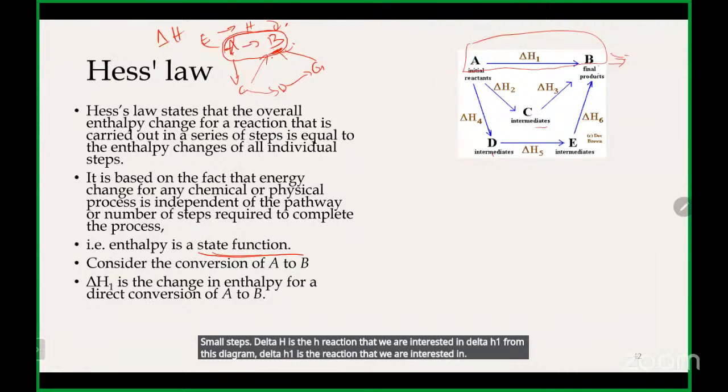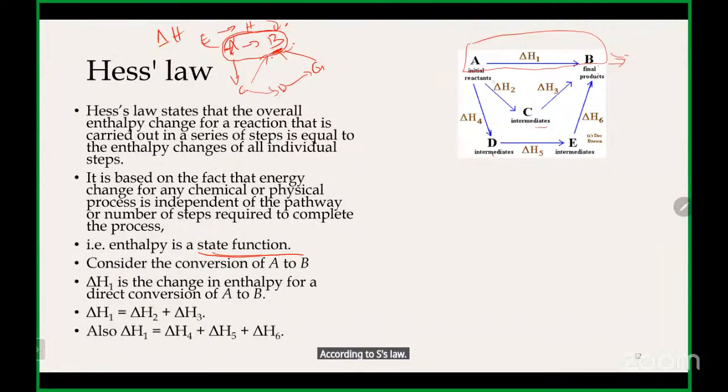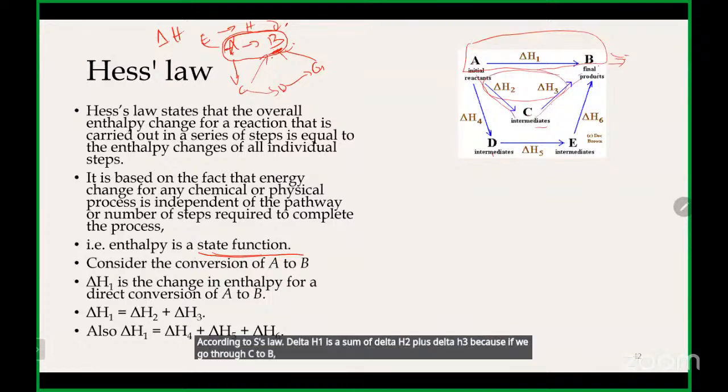According to Hess's law, delta H1 is a sum of delta H2 plus delta H3, because if we go through C to B, we arrive at what we are looking at, A to B.